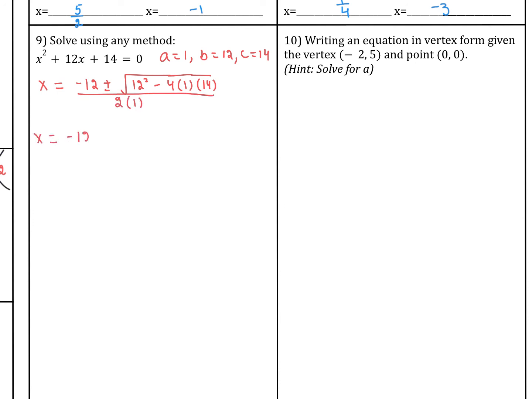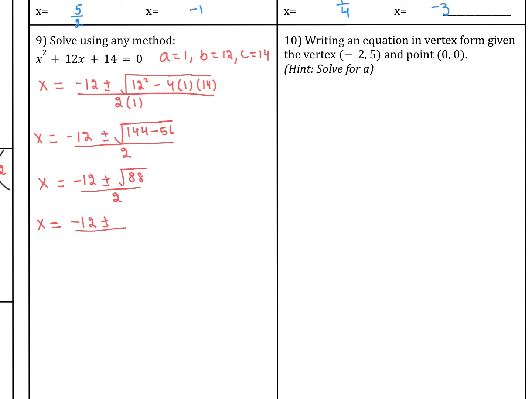So that's going to be negative 12 plus or minus the square root of 144 minus 56, divided by 2. So that's going to be x equals negative 12 plus or minus the square root of 88, divided by 2.